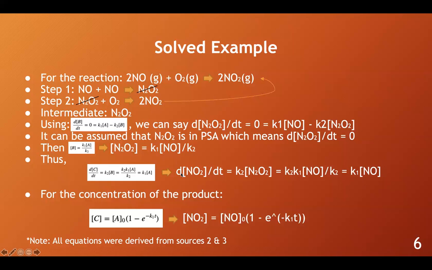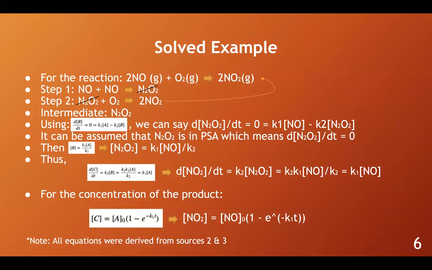By simplifying this and removing the derivatives, now we can conclude that the concentration of the product is equal to the initial concentration of the reactant, multiplied by 1 minus e to the negative K1 times t.